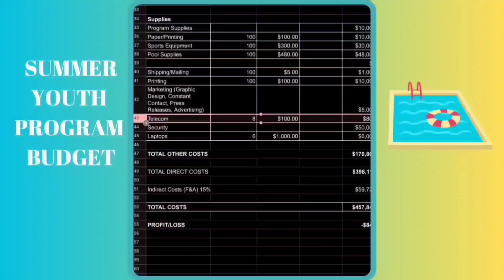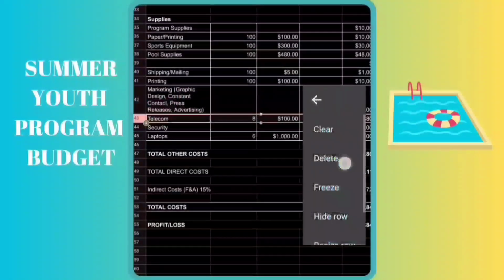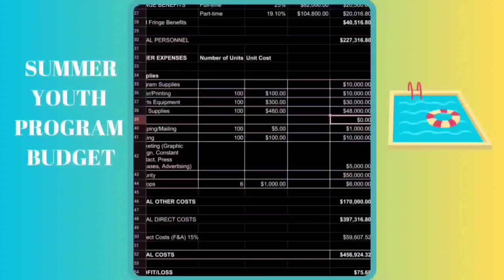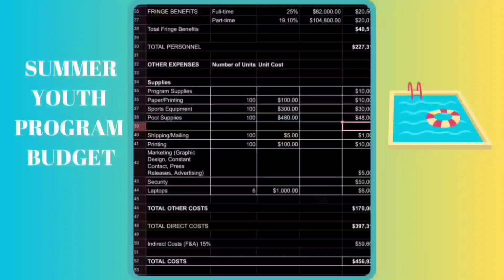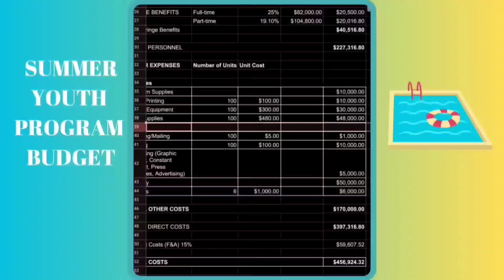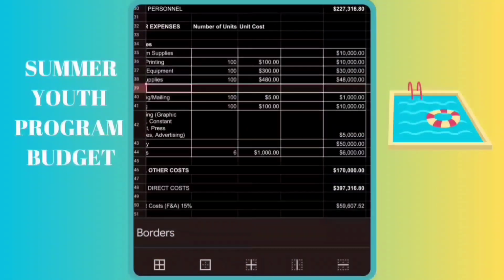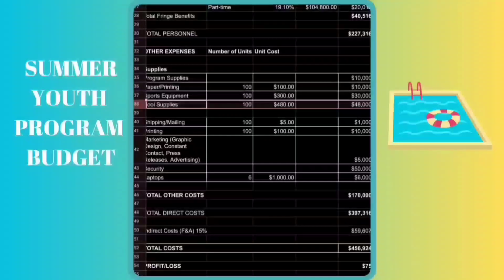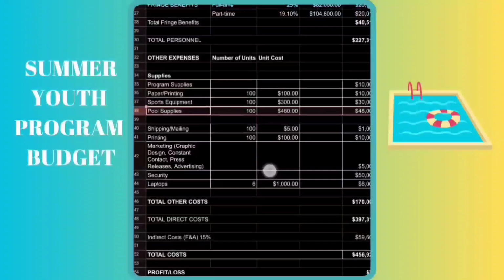Solve this 844. Well, telecom might be covered under indirect costs and it might not be included in your program budget. So again, in a very rough estimate, let's see, now we only have to worry about $75. Remember, it can't be exact because you're going to add in the indirect costs.